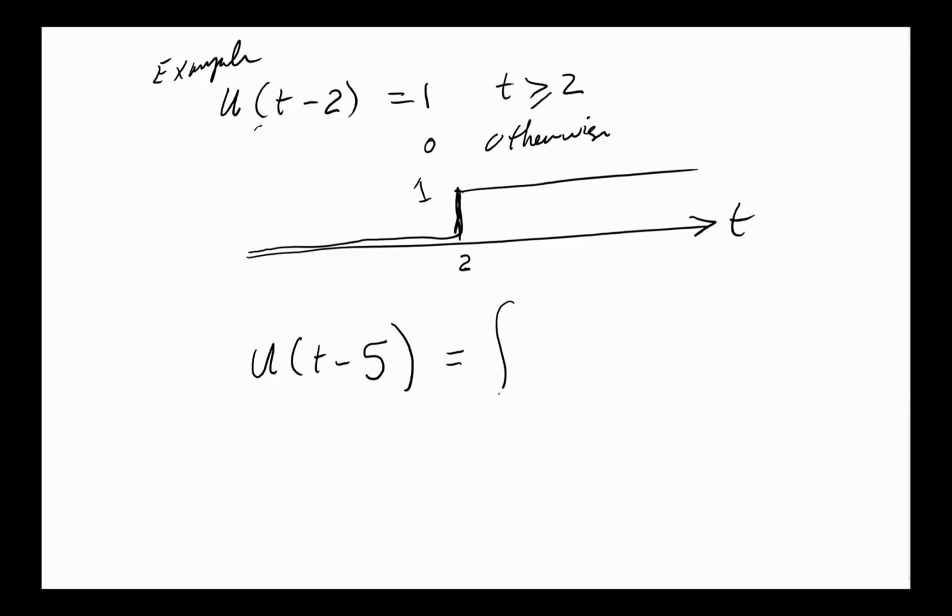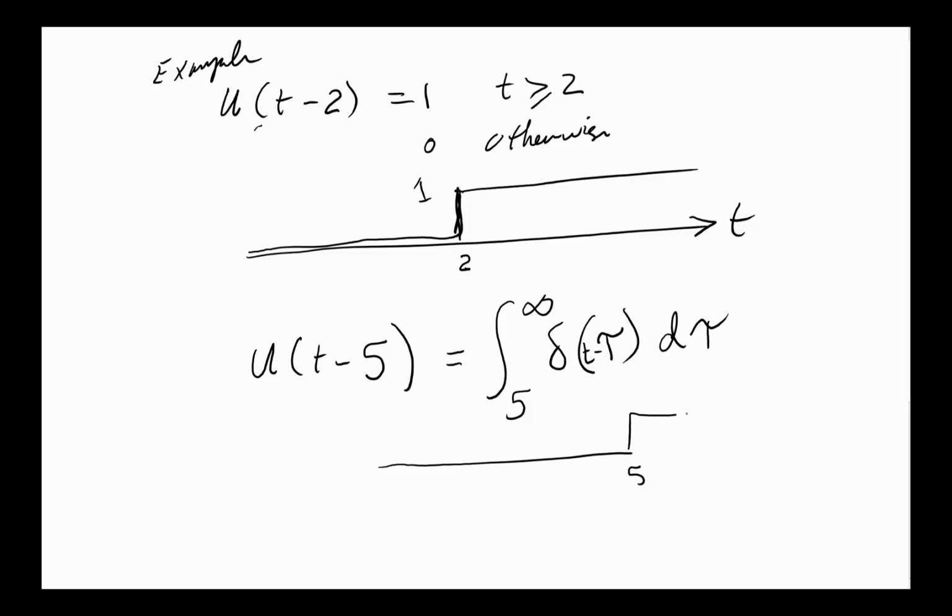That simply is the integral from 5 to infinity of the impulse, because the impulse was on one point in time and now you're just moving it, so it's going to be delta of, again, remember we use taus here, t minus tau d tau. As tau moves, the impulse moves with it, so you get a continuous result. So you're basically summing all the impulses from 5 to infinity, and that gives you the step function.